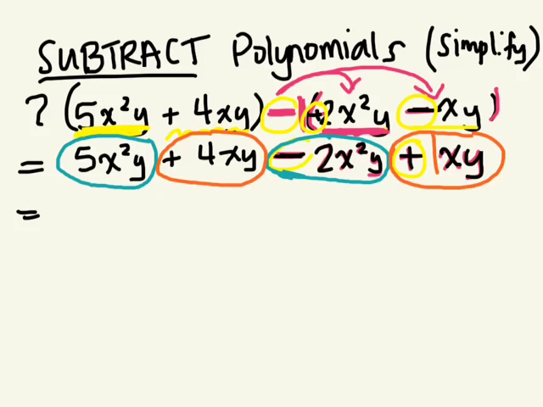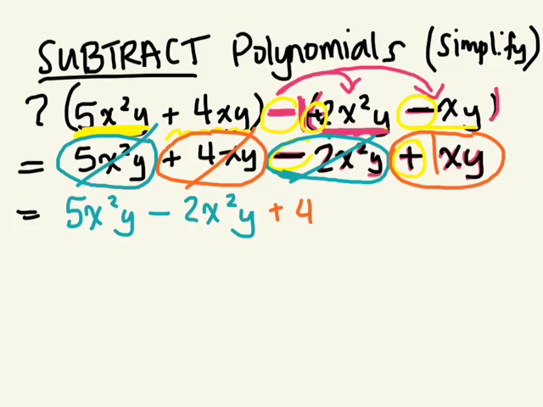Okay, so now let's rewrite this sentence. So we have 5x squared y minus 2x squared y. Okay, sometimes I like to cross it out so I know that I've rewritten all the terms and I don't leave something out. Because when you get into expressions with lots of terms, you want to make sure that you've included everything. You don't change the sentence. Plus 4xy plus 1xy.